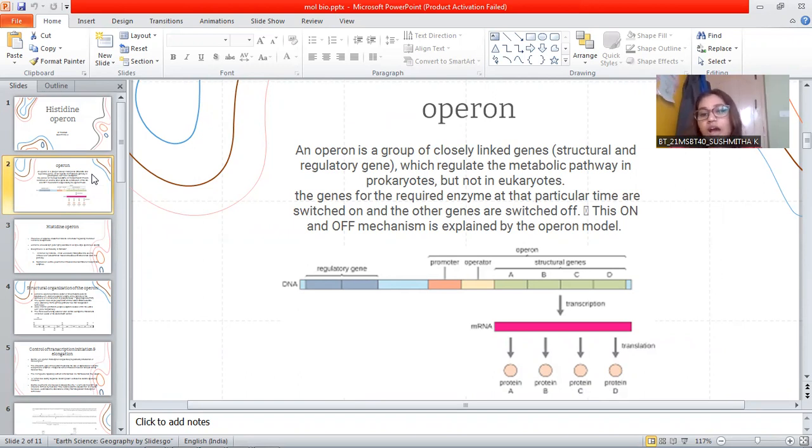These are mainly found in prokaryotes and not in eukaryotes. These genes can be in off mode or on mode. Based on that, the operon will be functional and non-functional. This mechanism is usually explained as the operon model.